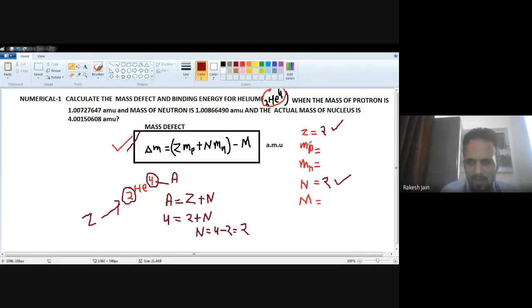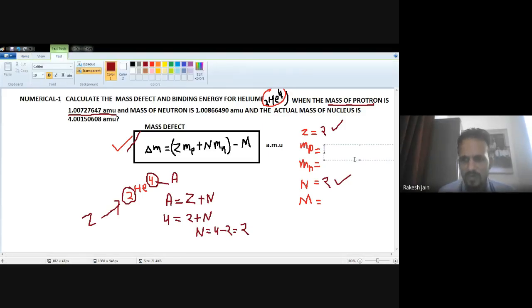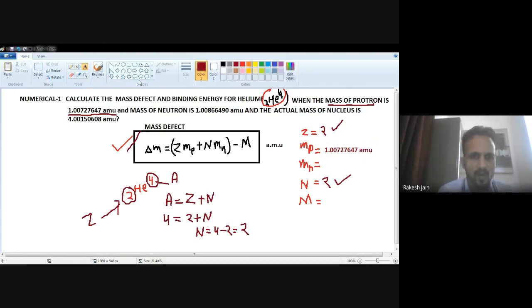Now NP is what? The mass of proton, and here it is written that the mass of proton is 1.0072767 AMU. We can directly write down that the mass of proton is 1.0072767 AMU. We have NP also.